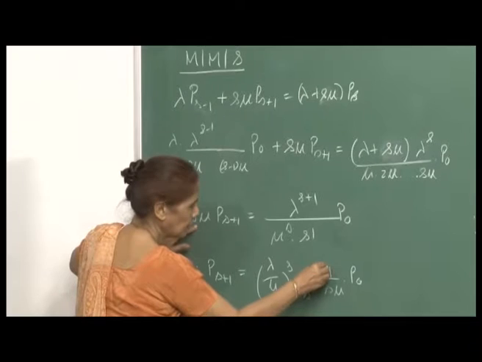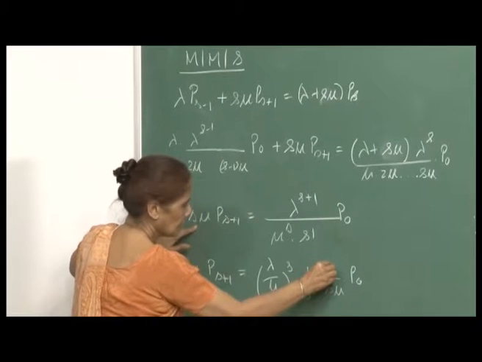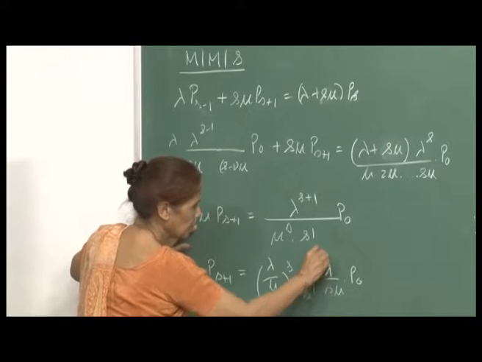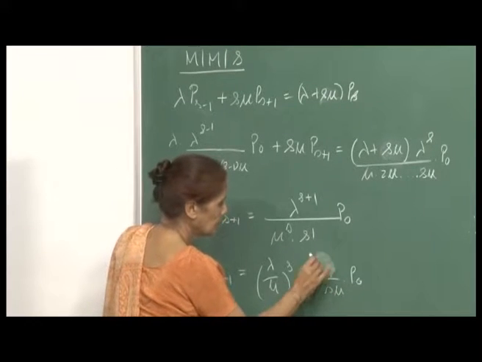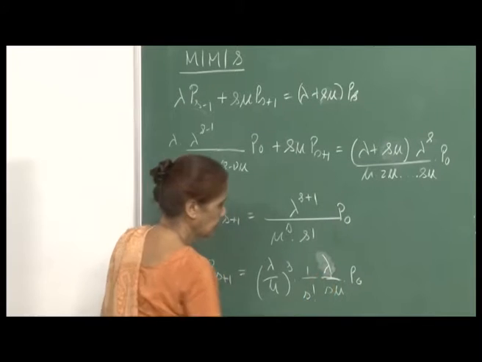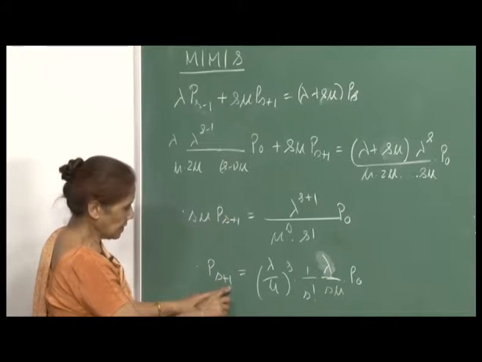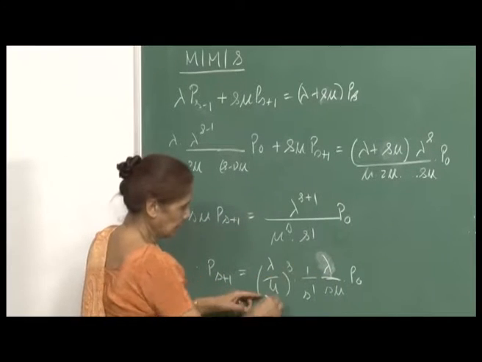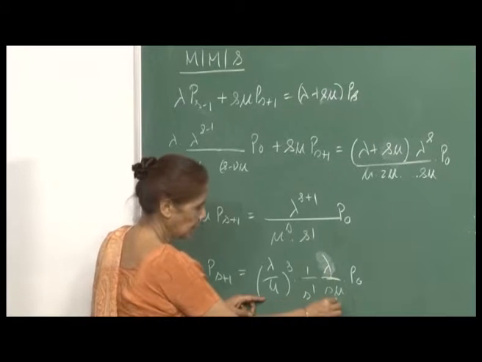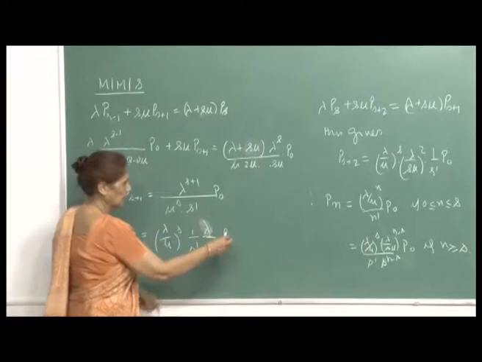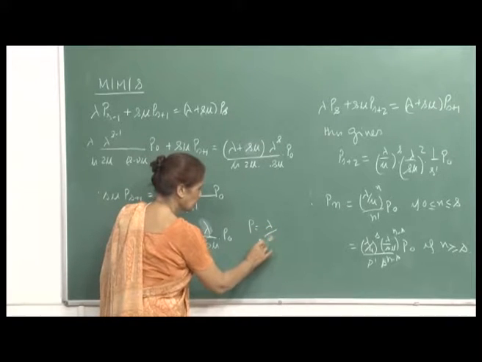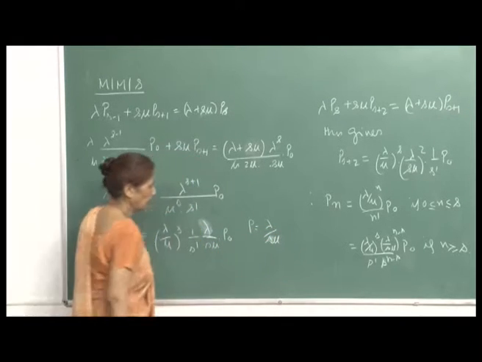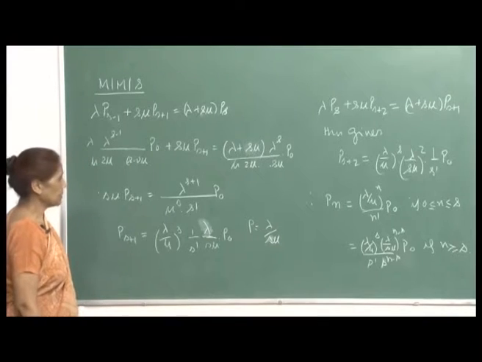So when it is s+1, you have this term into lambda upon s mu times P0. So your rho, the utilization factor, is lambda by s mu now, right, with s servers.